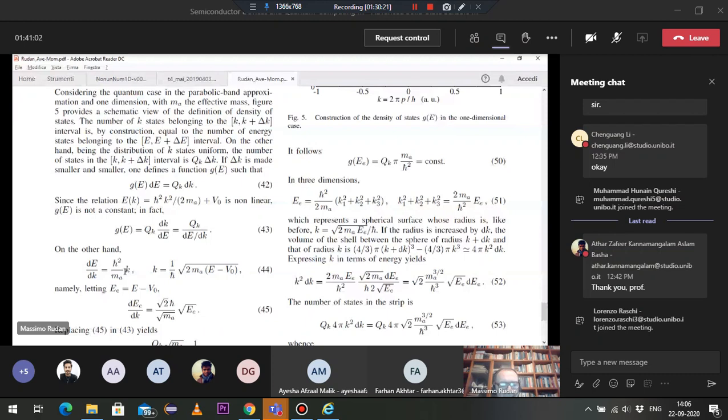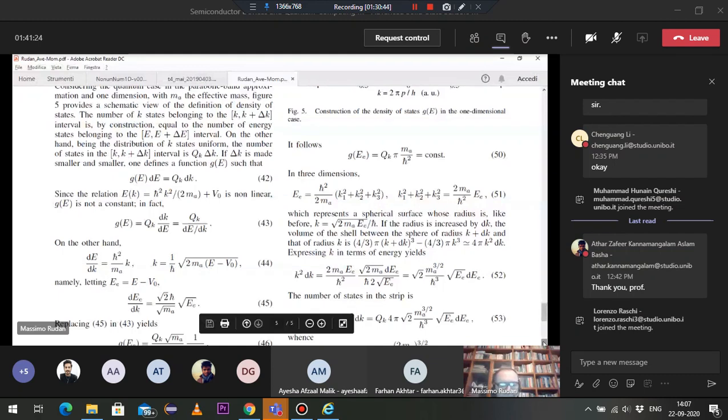Then you extract k from this relation, and you obtain E minus V0 times 2ma. Then you extract the square root and divide by k. Okay?